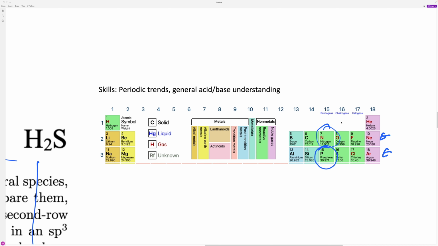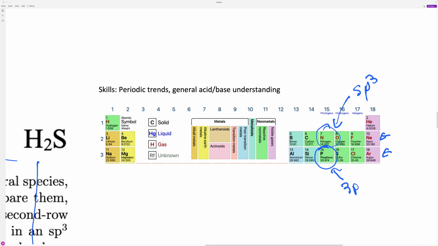So essentially that means that the nitrogen is going to hybridize effectively while this phosphorus is not. So this phosphorus is going to have a lone pair in a 3p orbital. This nitrogen is going to have a lone pair in an sp3 orbital, because it hybridizes effectively.